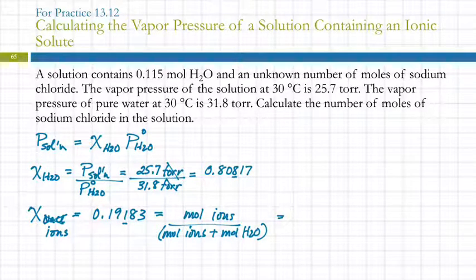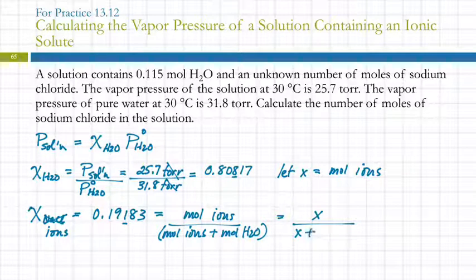Let's say that let X equal moles of ions, because it's too much writing. So we've got X divided by X plus this 0.115. And that's equal to 0.19183. So we're going to have to do some algebra here.